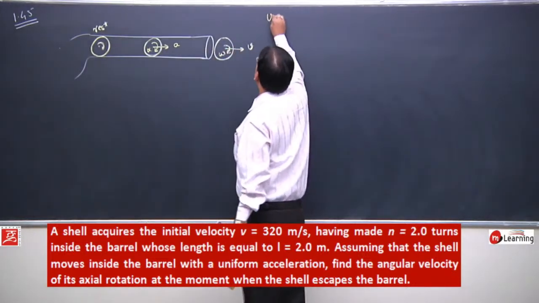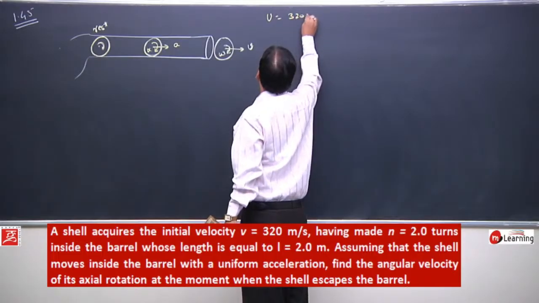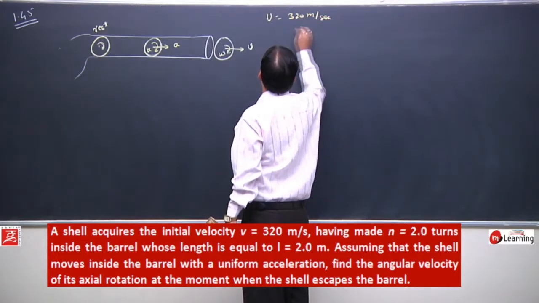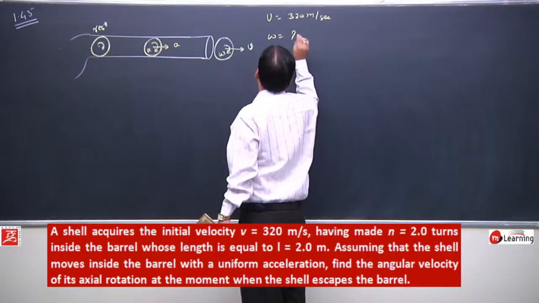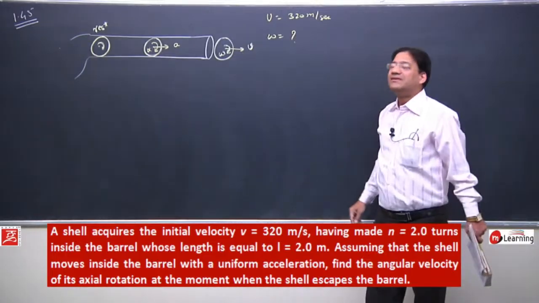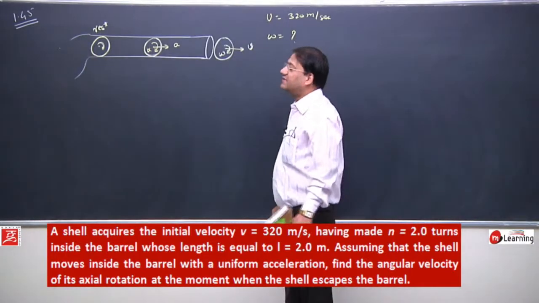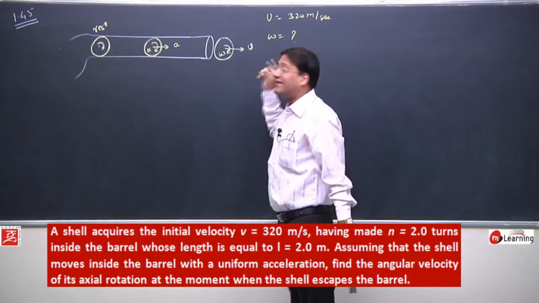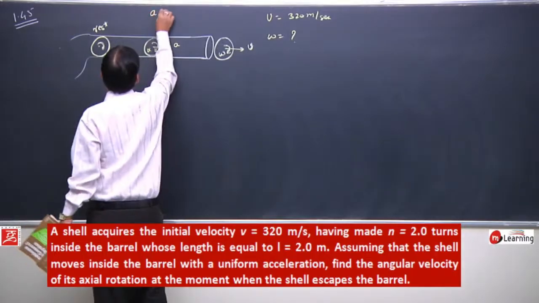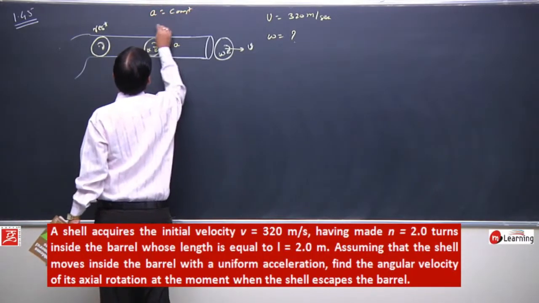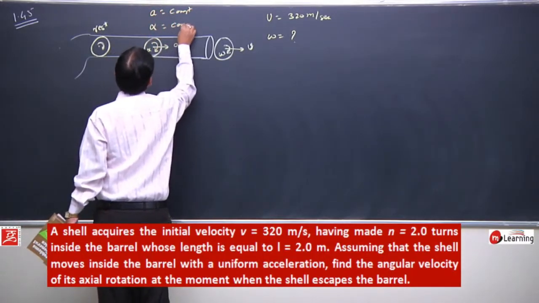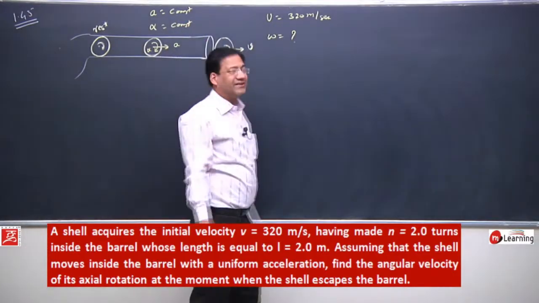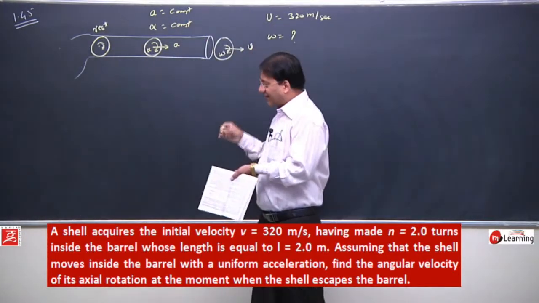This velocity v is given as 320 meters per second, and they have asked what is the angular velocity when it escapes. This acceleration is constant and angular acceleration is also constant within the barrel, and it's at rest.